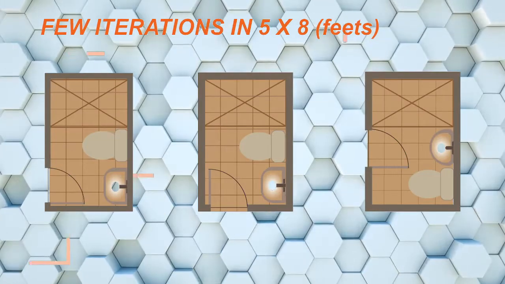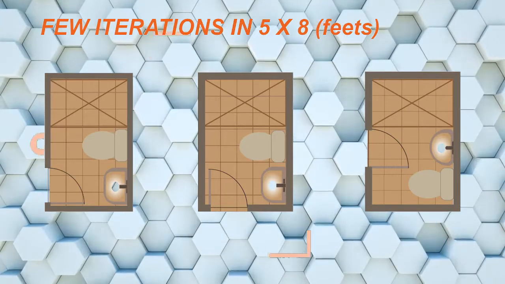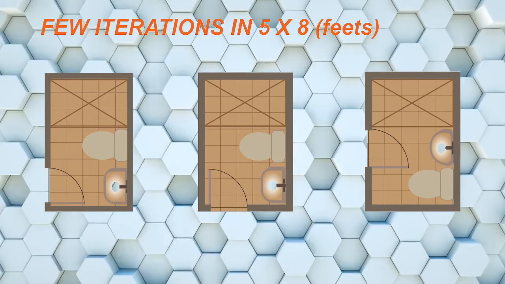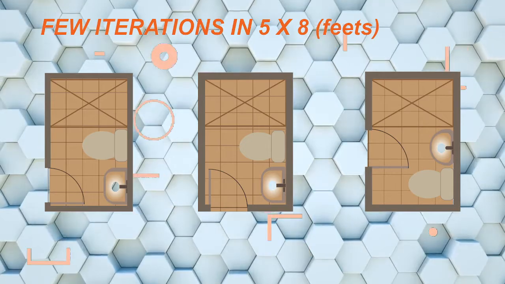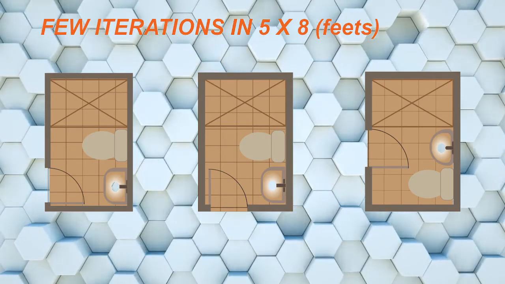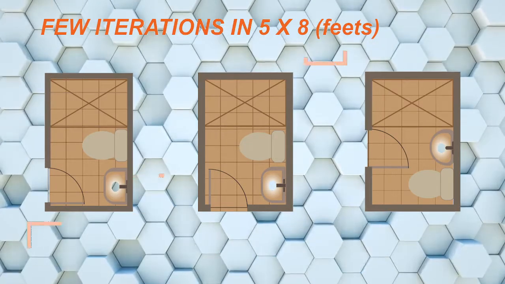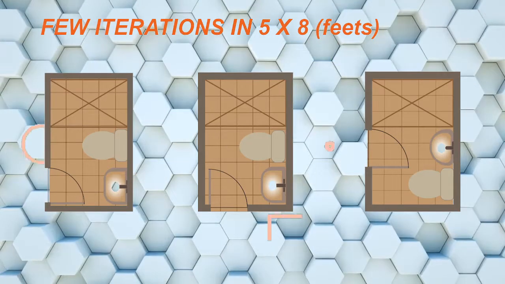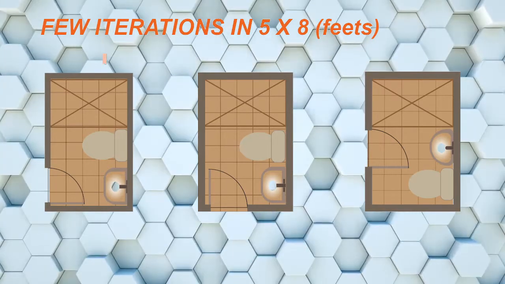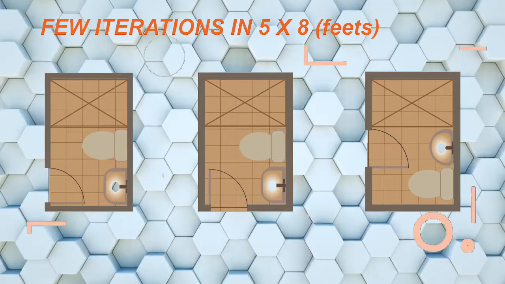So these are the same 5 feet into 8 feet washrooms. Always remember, when I say 5 into 8, it's width into height. Your x axis comes first, then your y axis. Hope you remember your basic geometrical system.